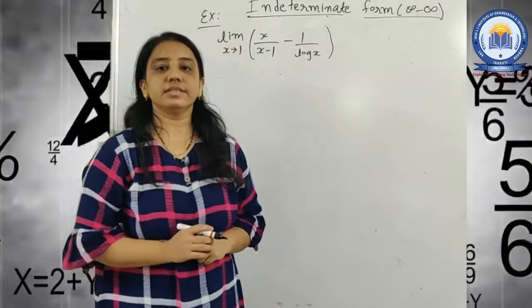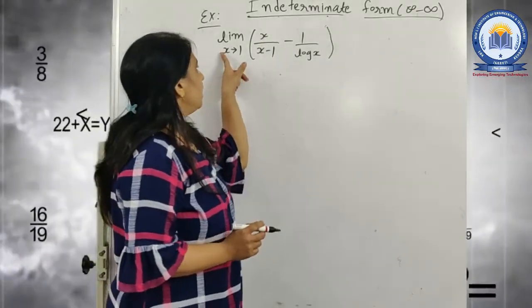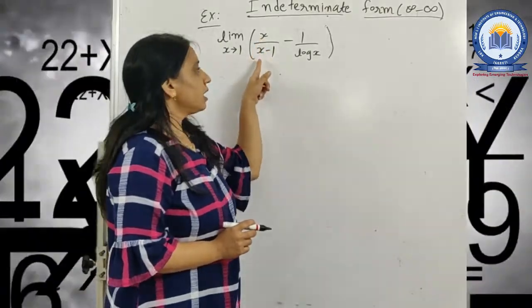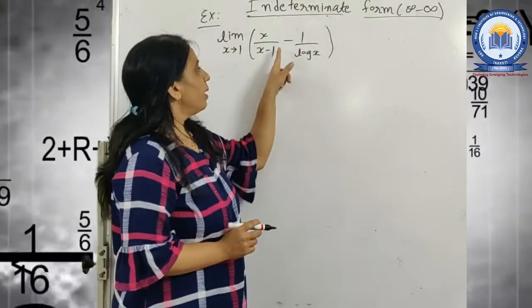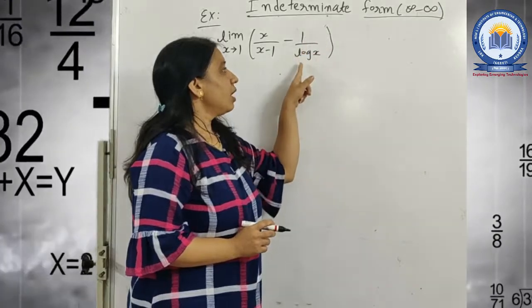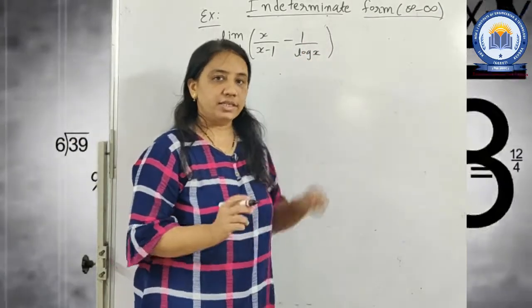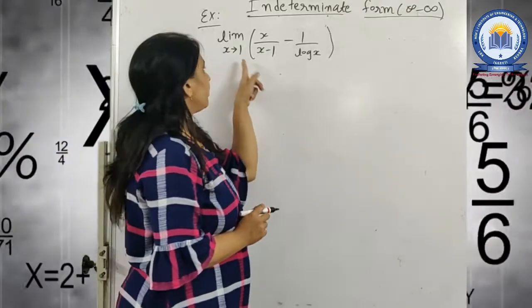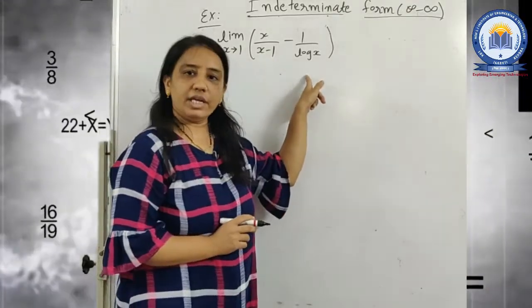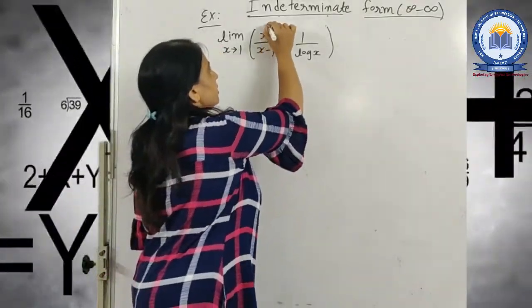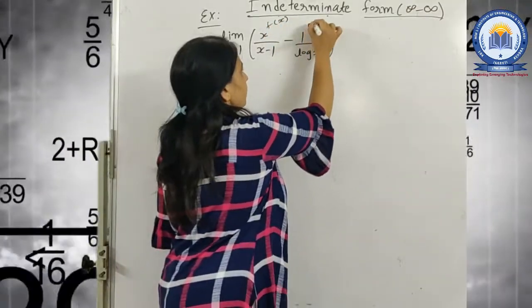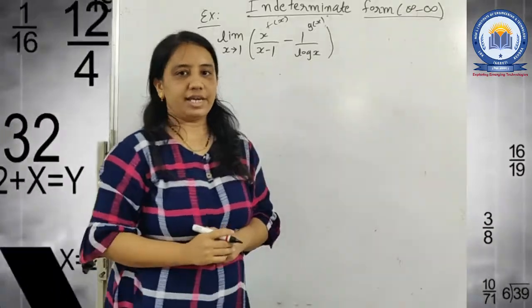We'll see it with one example. Suppose this is the example: limit x tends to 1 of x upon x minus 1 minus 1 upon log x. First try to put x equal to 1 into this equation. Suppose this is our f(x) and this is our g(x).